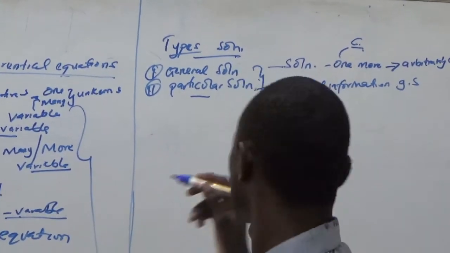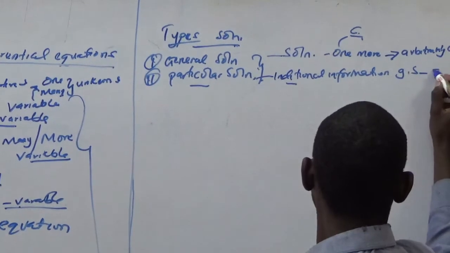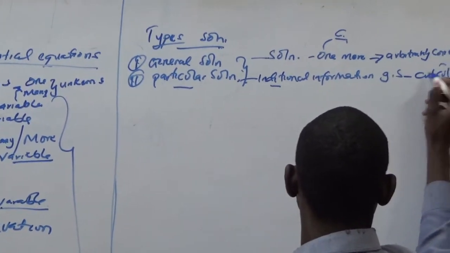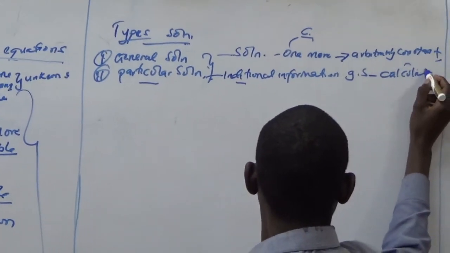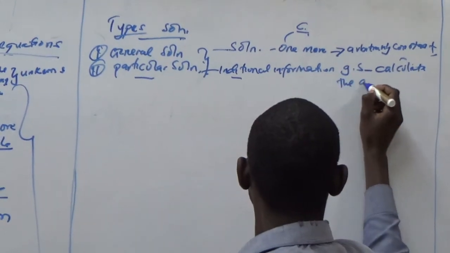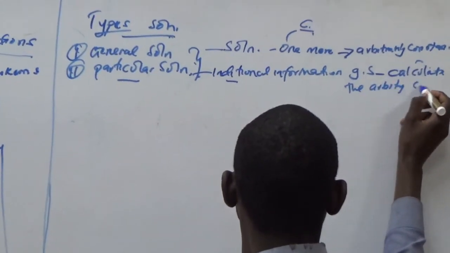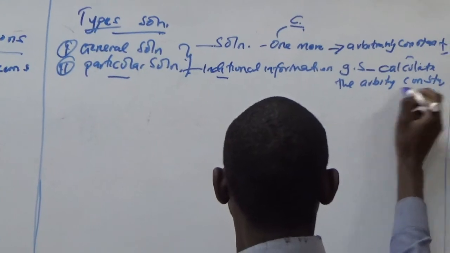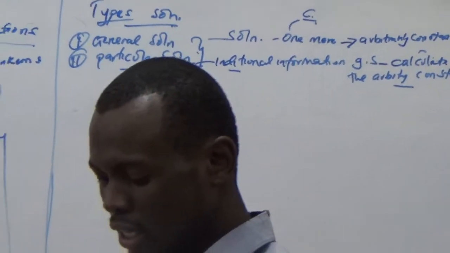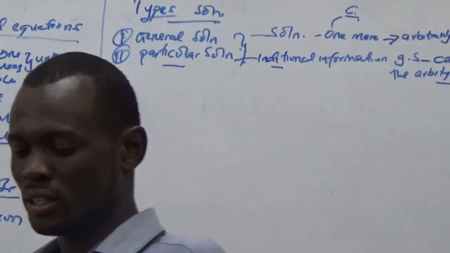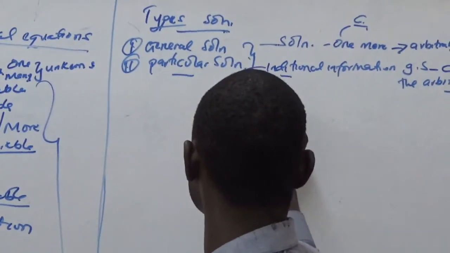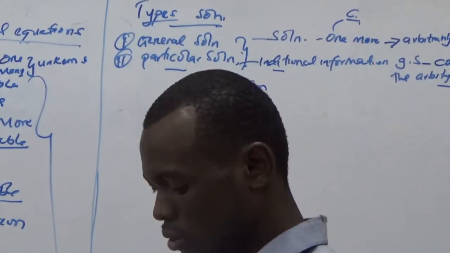The additional information is to calculate the arbitrary constant. In other words, the information is to find what the constant is. That constant is what we call the arbitrary constant.